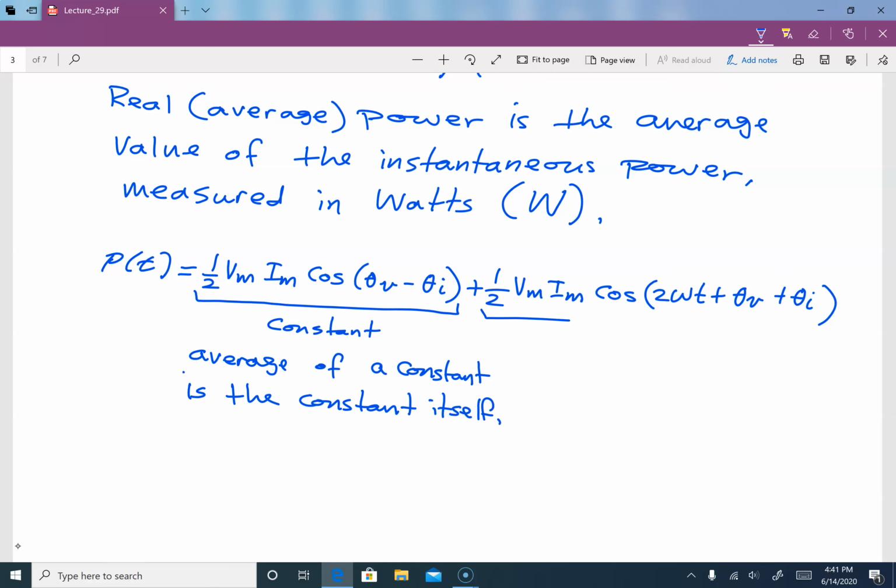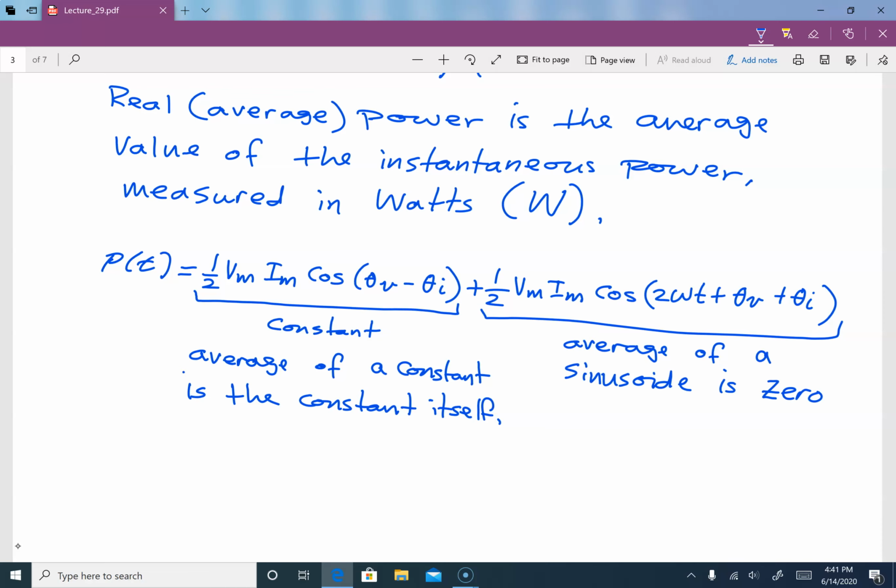And if I look at this here, that is a sinusoidal waveform or signal. So the average of a sinusoid is 0.